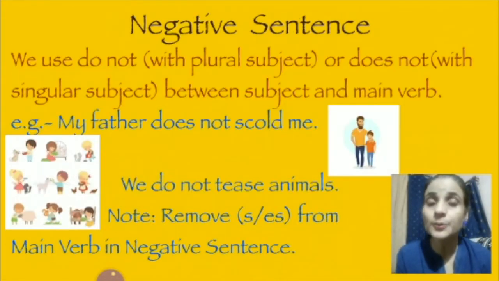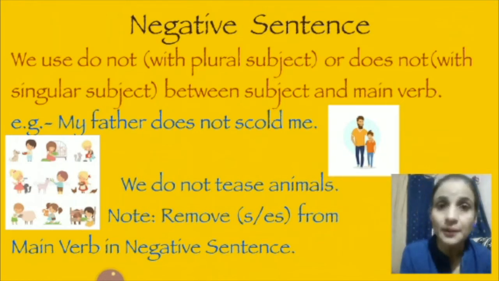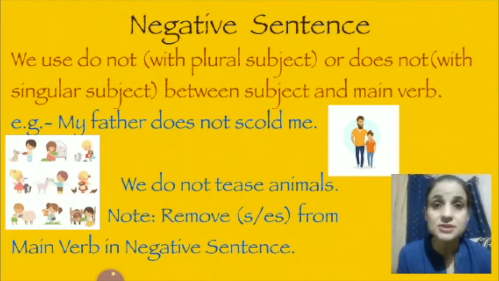Now if we talk about the negative sentence, for a plural subject we use do not, and with a singular subject we use does not between the subject and the main verb. Let's have an example. My father does not scold me. It's a negative sentence of present simple tense. Father is a singular subject, that's why we are using does not.